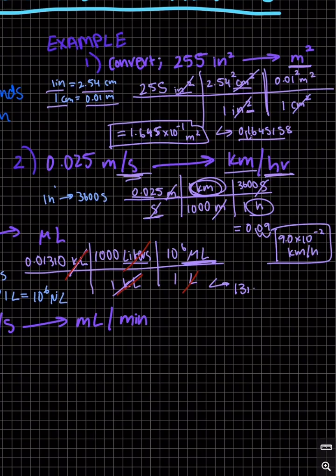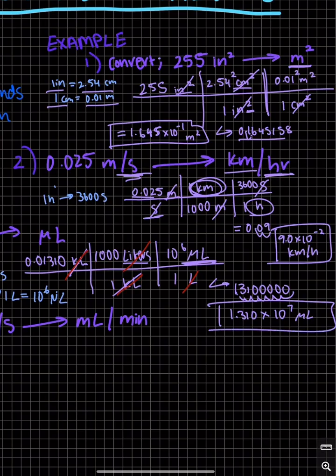It's 131 with 5 zeros. Now I can simplify this to equal 1.310 times 10 to the power of 7 microliters. That's your answer. Great. I feel like we're getting the hang of this, right?